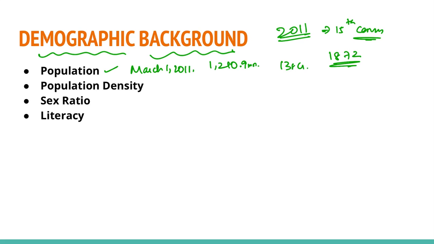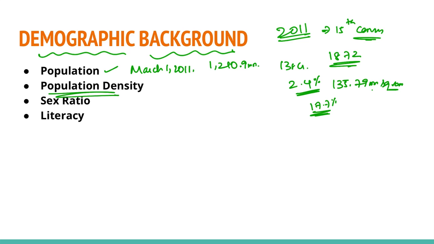So India accounts for a niche of 2.4% of the world surface area of 135.79 million square kilometers. Yet it supports and sustains a whopping 17.7% of the world population.